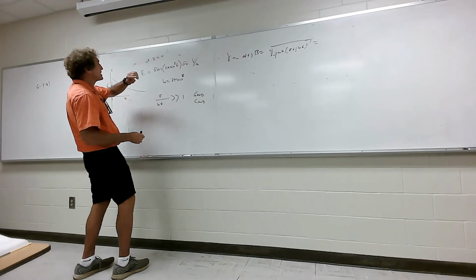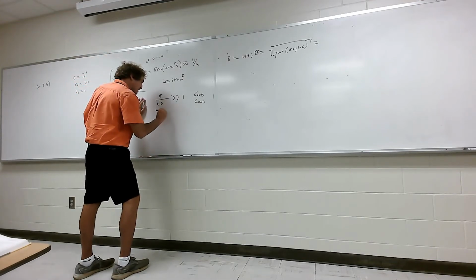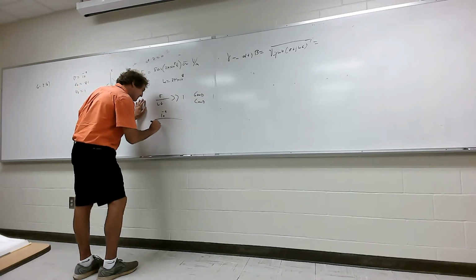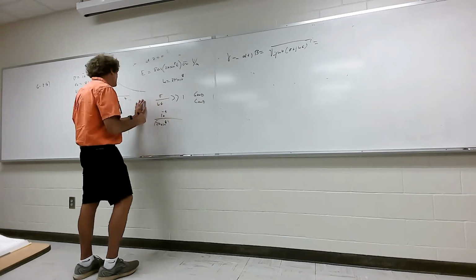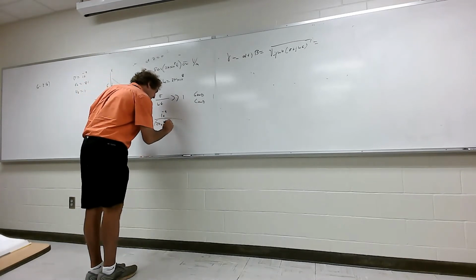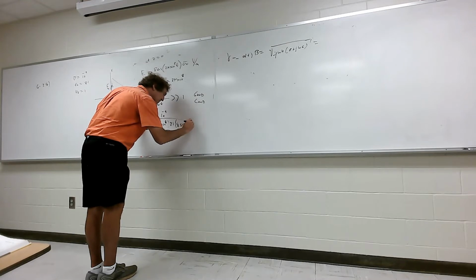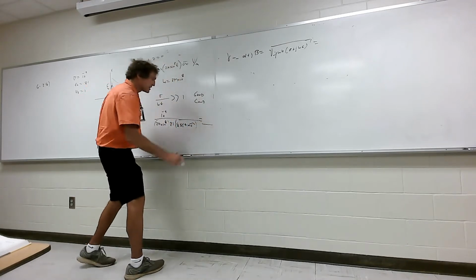They give you sigma is 10 to the minus 4, and then omega is 2 pi times 10 to the 8th, then we have epsilon relative of 81, and then you have to multiply it by 8.854 times 10 to the minus 12, because that's epsilon naught. Tell me what that ratio is. Anybody?